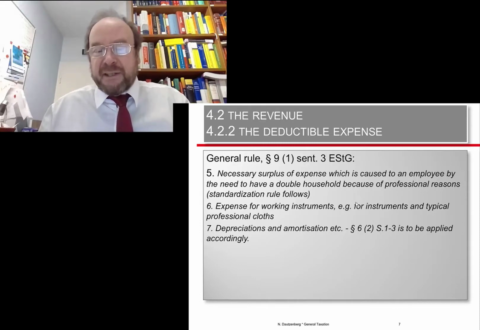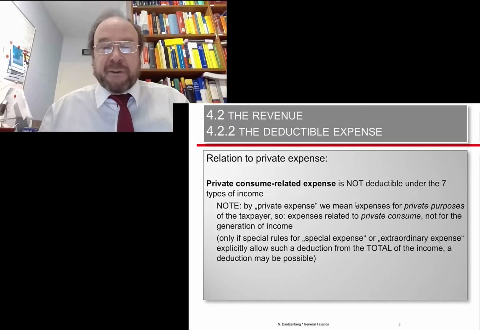And depreciations and amortizations if the underlying loss of value is also incurred in order to do that income generating activity, with a remark that low value assets can fully be depreciated in the first year. That is the sense behind that nice remark. Section or paragraph 6, section 2 is to be applied accordingly.